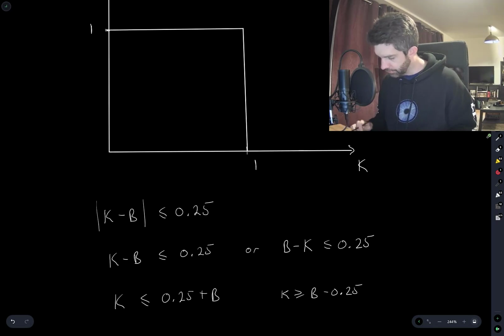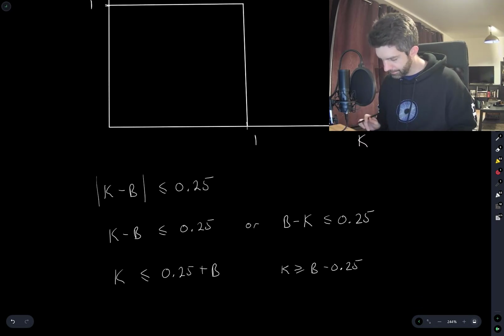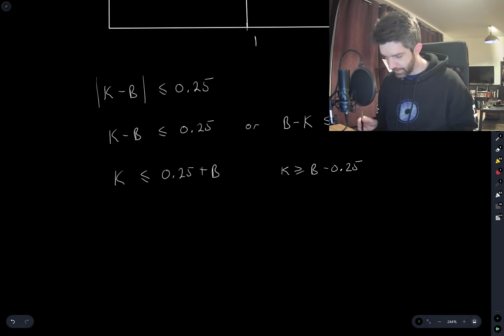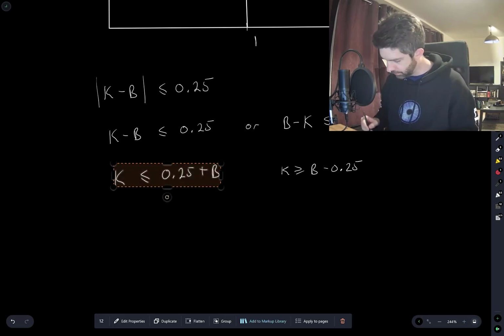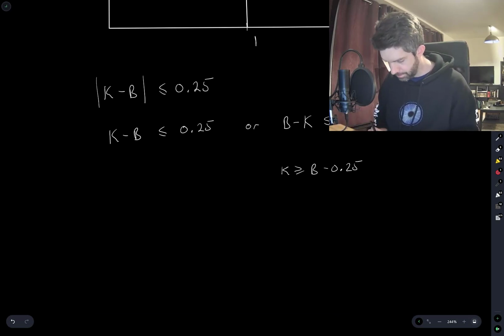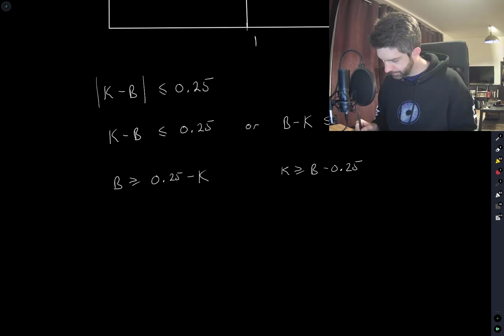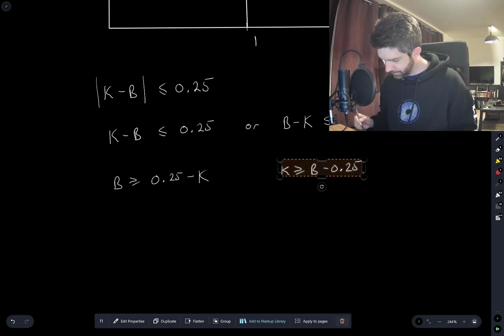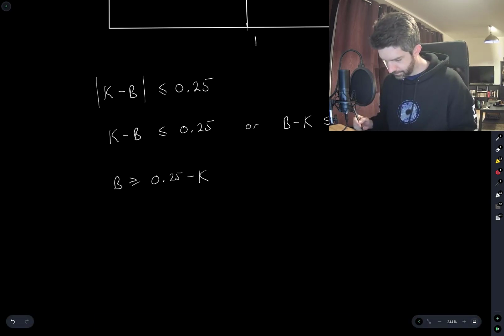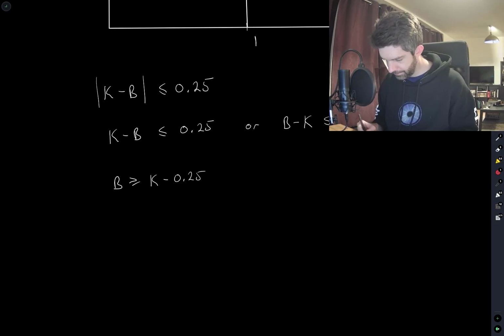So these are equations of two lines. I'm going to rewrite them again just because I'm thinking of K as being on the horizontal axis. So let me write this one as B greater than or equal to K minus 0.25.